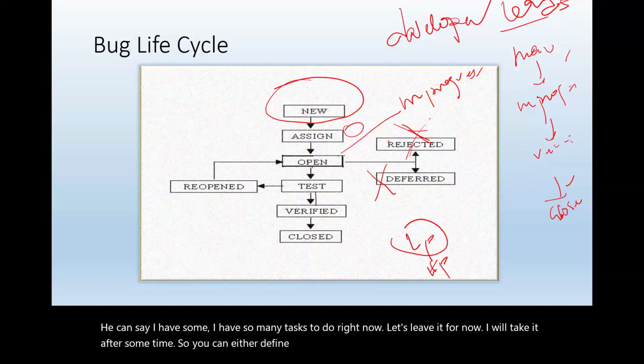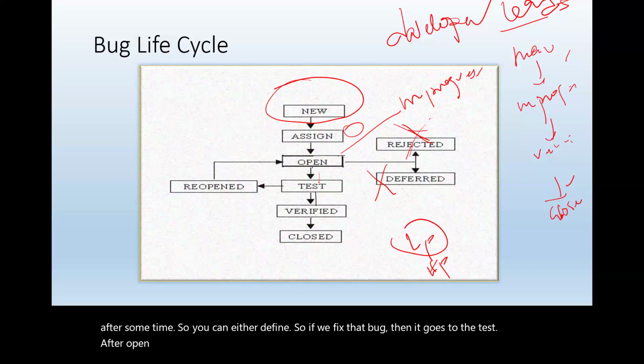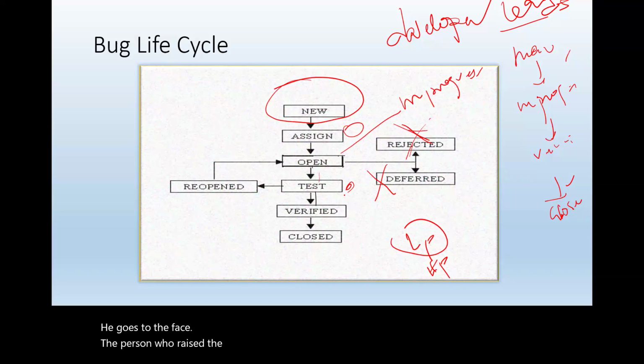So if we fix that bug, then it goes to retest. After open, he will assign this back to the tester to test it. The person who raised the bug will test it again. Okay? You will assign this back to the tester who has raised the bug.